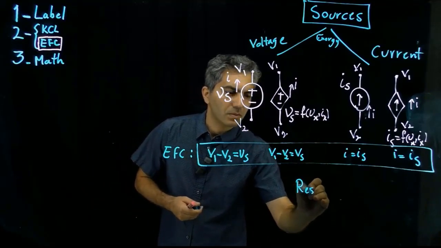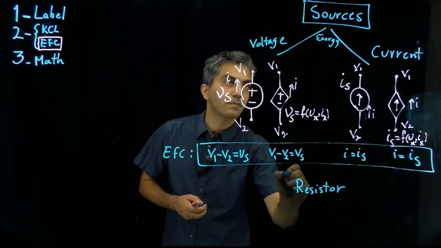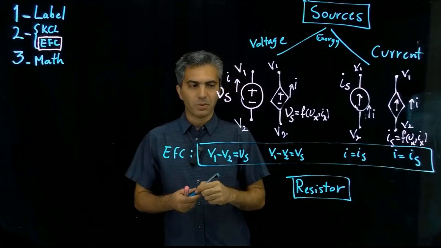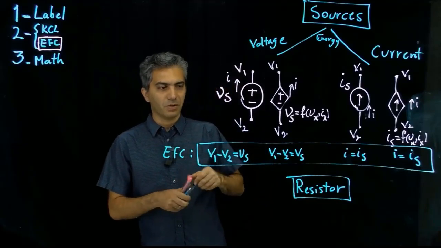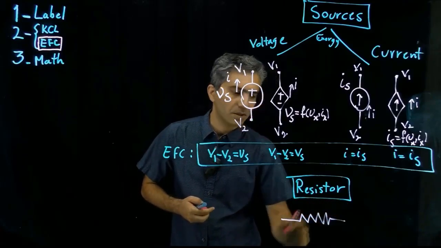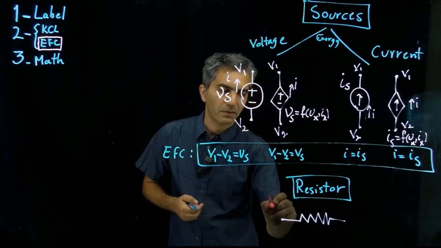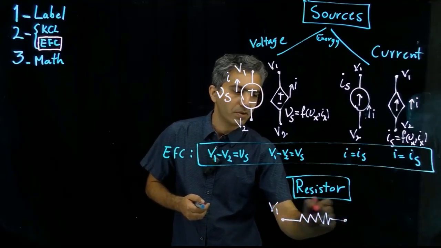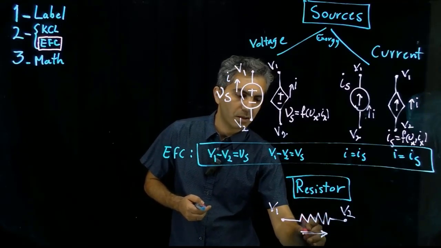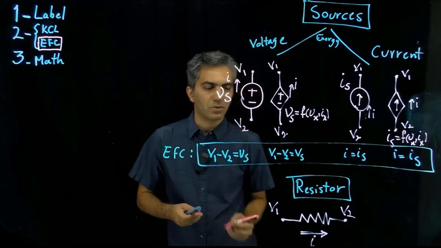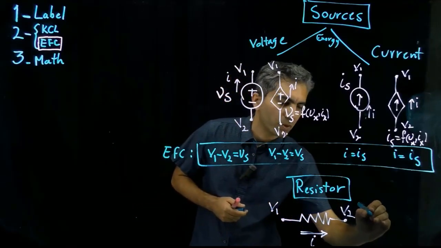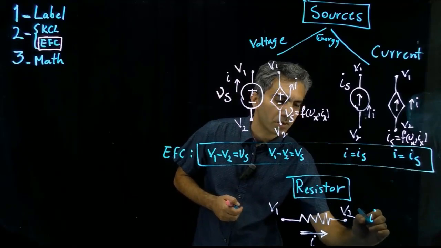So, resistors. Now, the equation for the resistor, we already discussed that. It is something that we called Ohm's law. The symbol for the resistor is this. If I define V1 and V2 as the node voltages on the two ends, and then I as the current that is passing through, the equation for this component would be I, the current passing through the resistor.